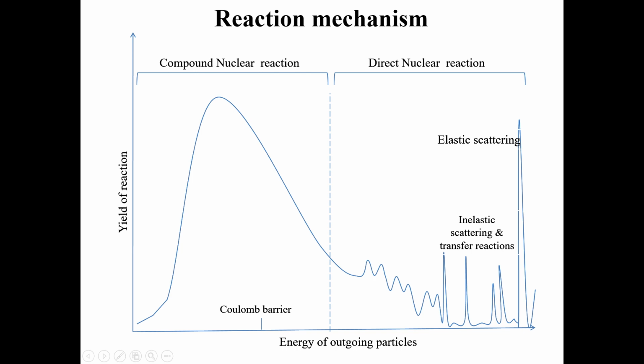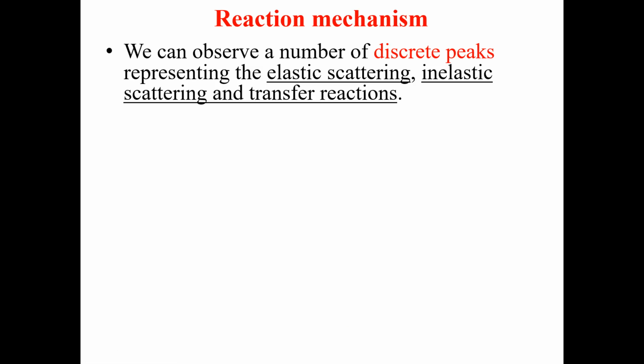And when we have elastic scattering at higher energy, the discrete values are comparably high as compared to the ones we have in inelastic scattering and transfer reactions. So how do we explain this reaction mechanism?